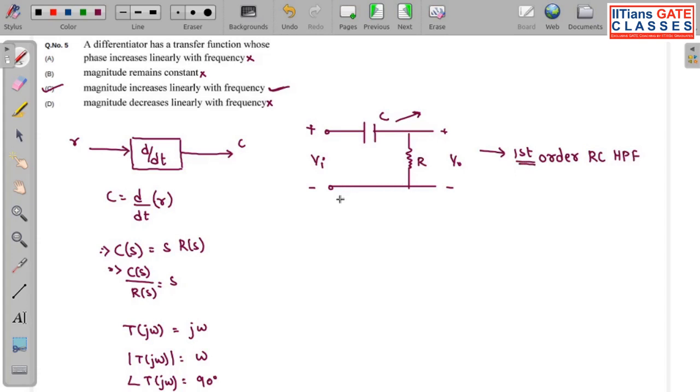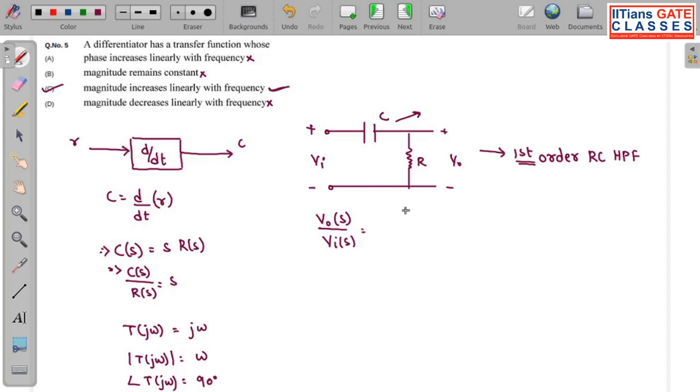If I want to write the transfer function of this circuit, how will I write it? Directly I am writing, look, I am just using the voltage division rule, because this C and this R are in series.